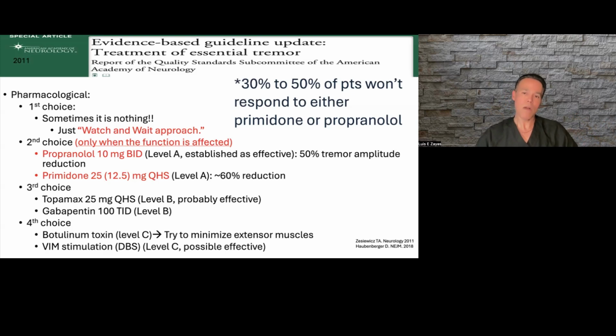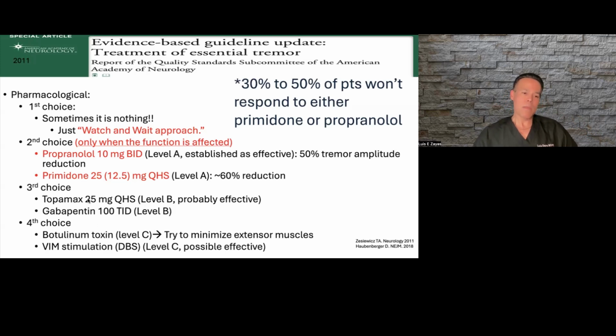Topamax might cause cognitive issues, especially language, word-finding difficulty. Gabapentin is pretty safe from the cognitive standpoint, but it might cause sedation, sleepiness in some patients, in a dose-dependent manner.